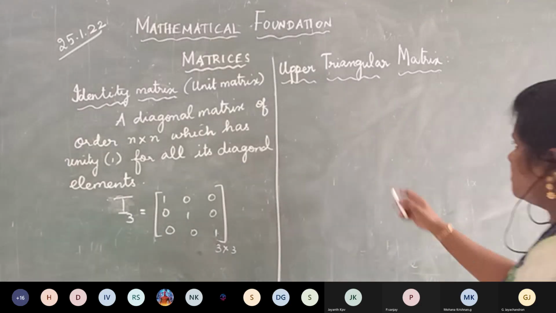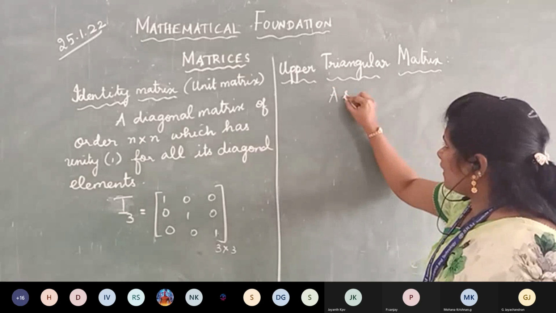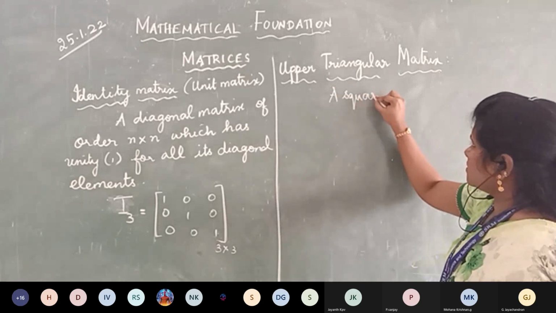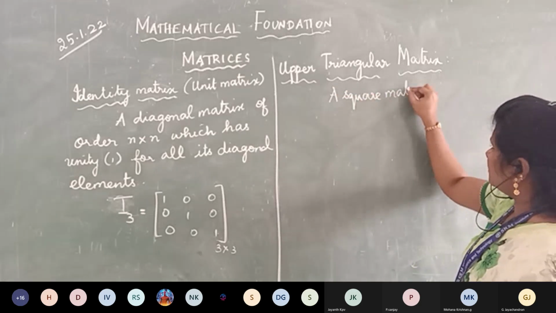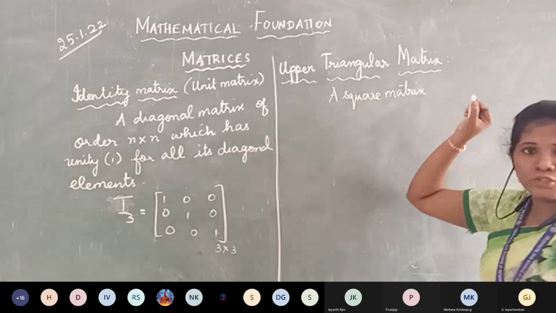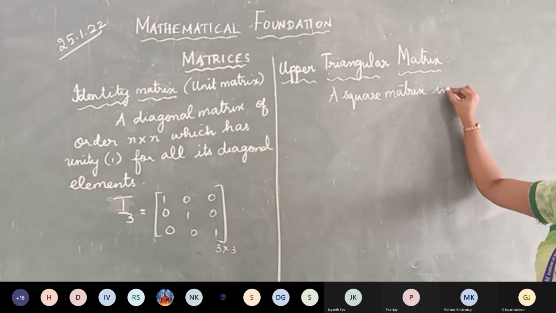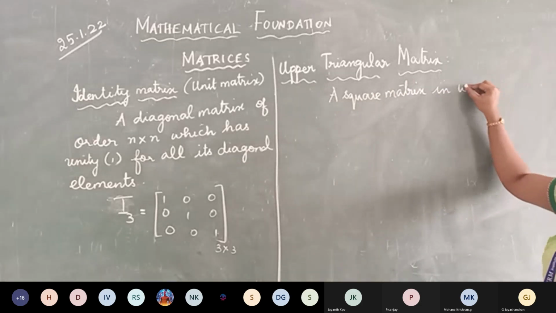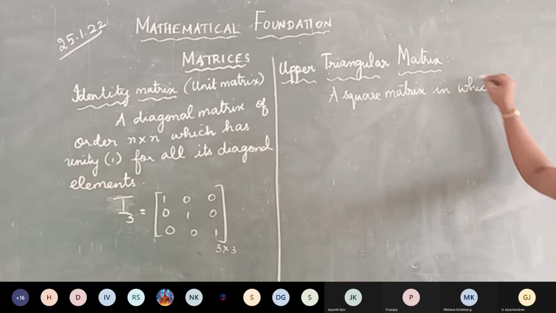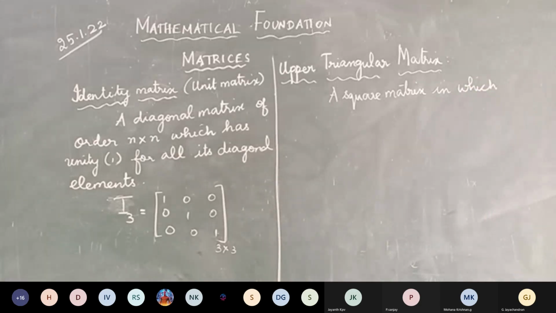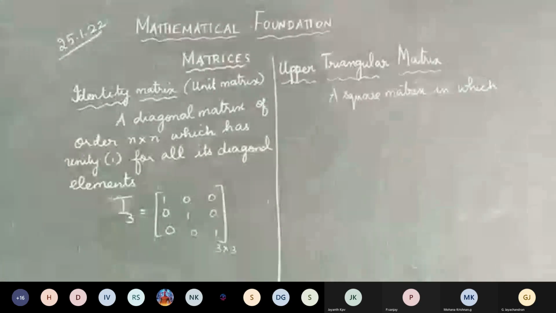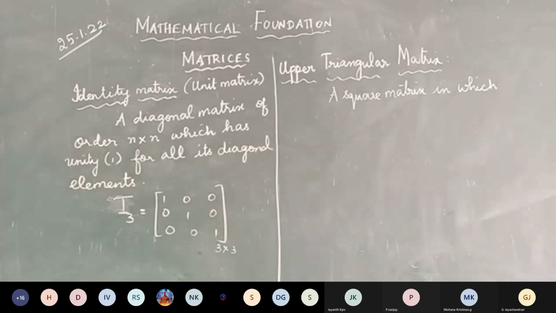A square matrix. All your matrices have to be the square matrix, okay?